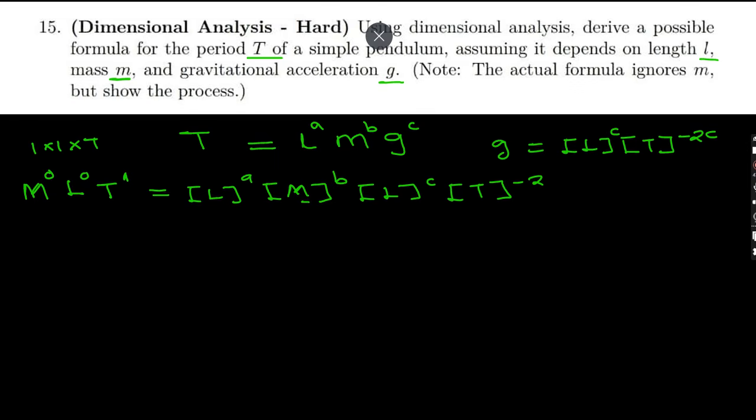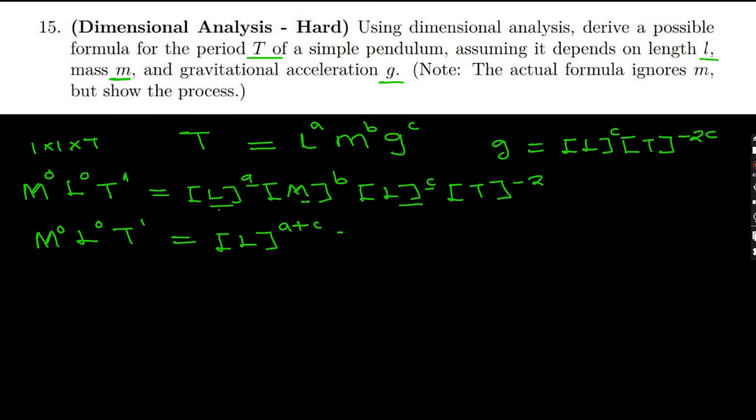So here we are going to now simplify this. M to the power 0, then L to the power 0, then T to the power 1. Now L times L. If you are multiplying the same bases, we add the powers. So we're going to have L to the power A plus C. What about M?